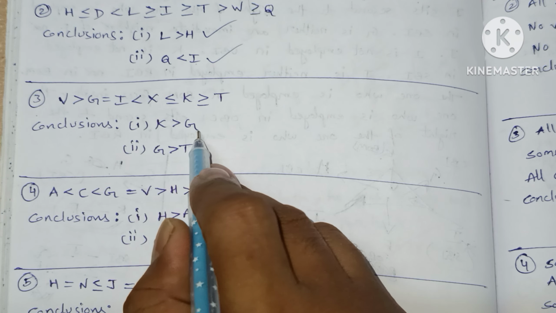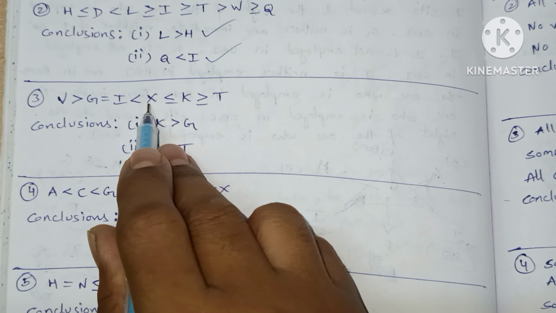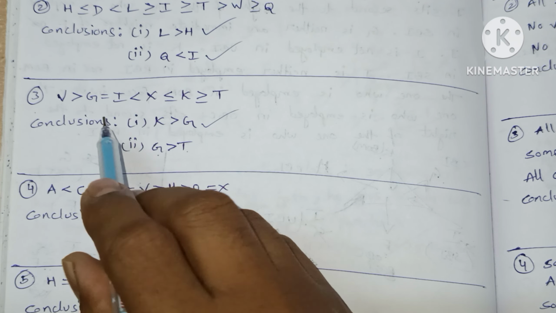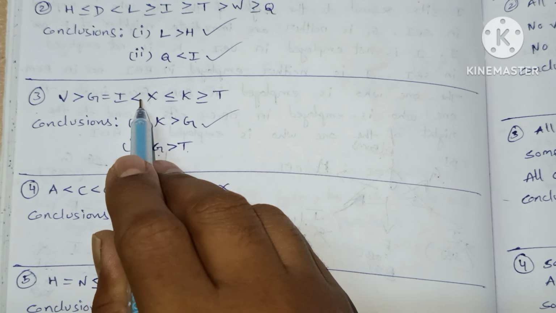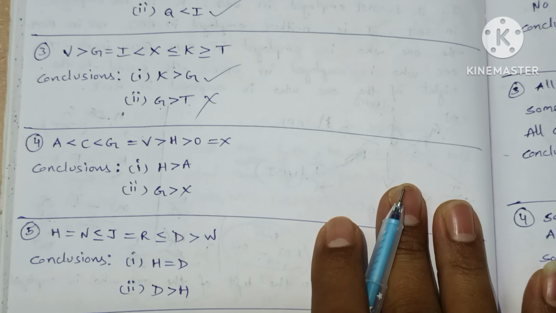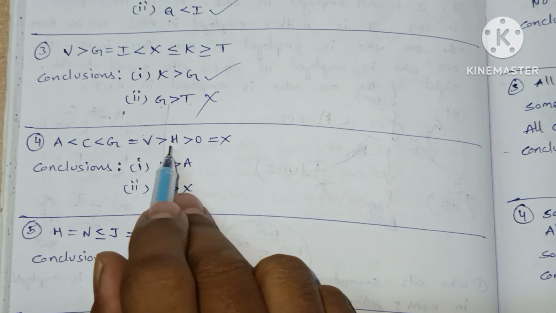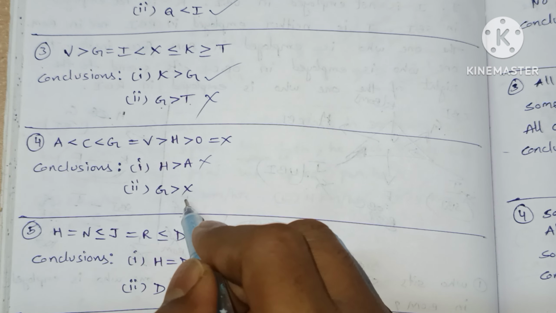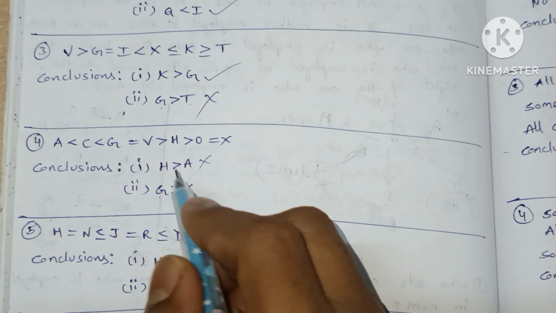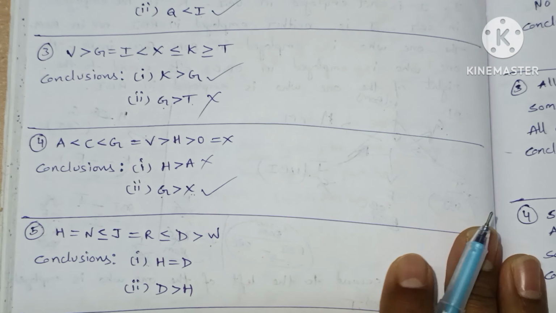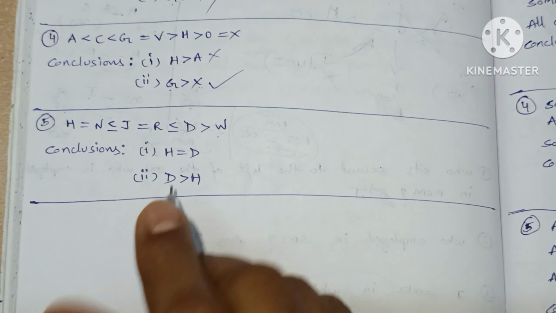K to G, it is flowing up to G. Yes, it is true. From G to T, it is not flowing in the opposite direction, so it is false. H to A, H cannot go to A, so false. G to X, it is going, so it is true.